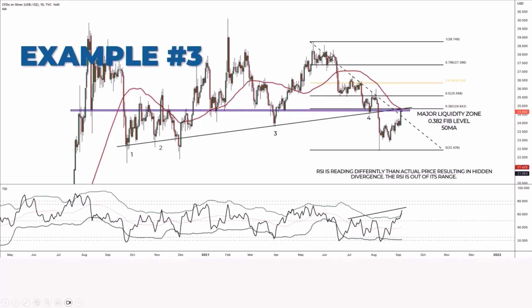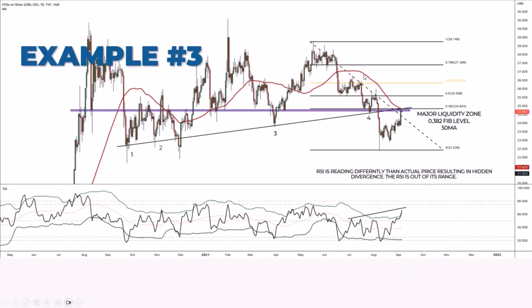So it's creating lower highs. It's also creating lower lows, right? So we broke through this trend line and we broke through this minor level of support. And now we're coming back to retest it. So a support turned resistance. All right, so that's one.